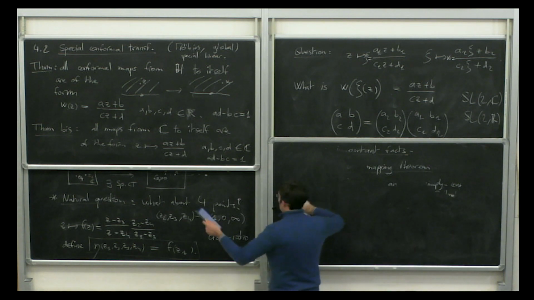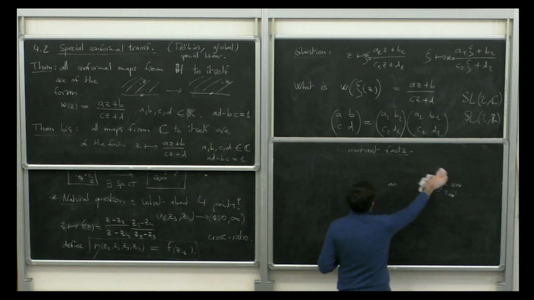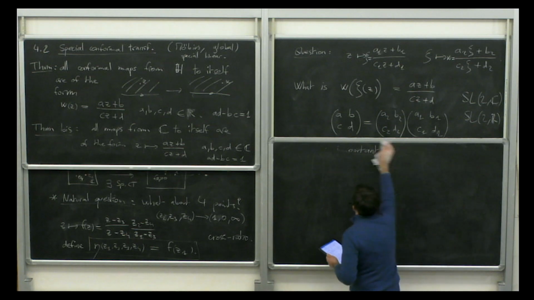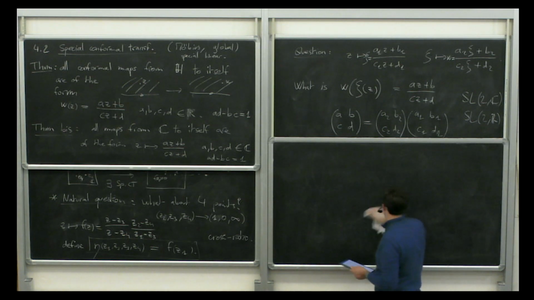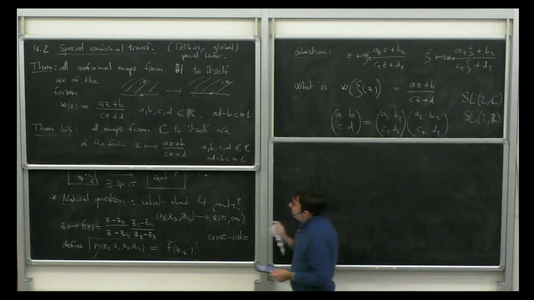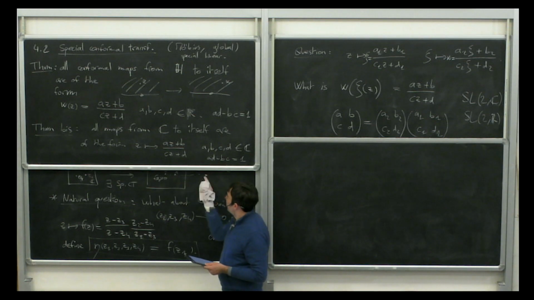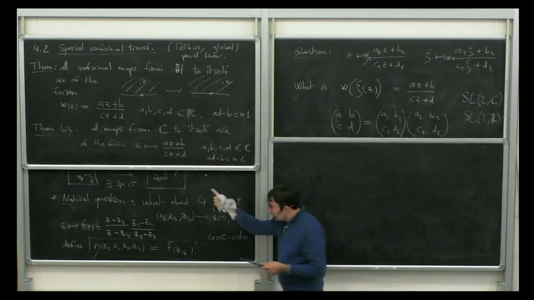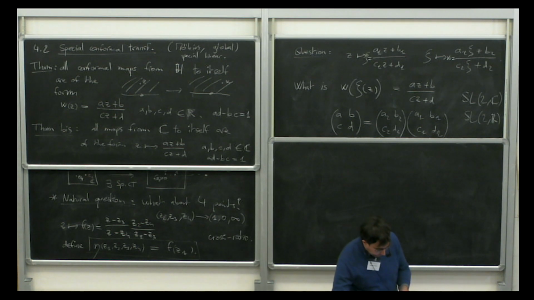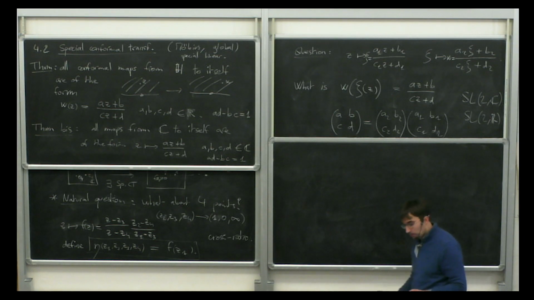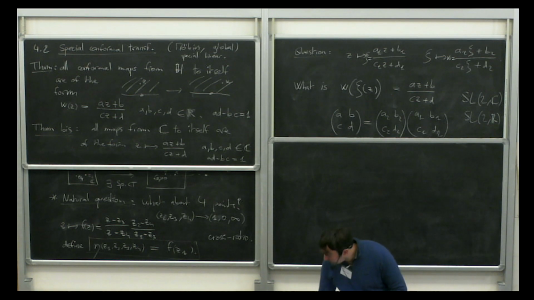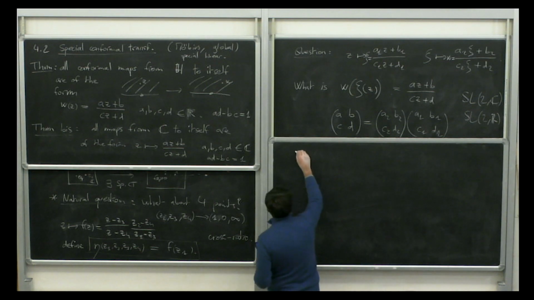Why? Because whether you construct the special conformal transformation that sends the points to 0, 1, and infinity before or after you've done your transformation, it doesn't change anything. Okay, so first important fact, the cross ratio.